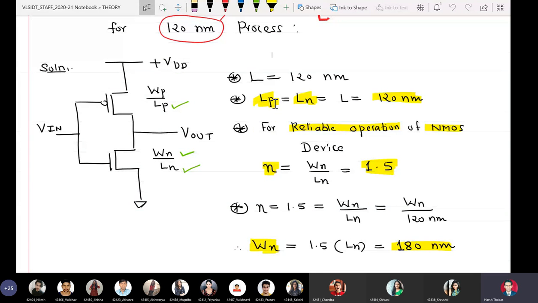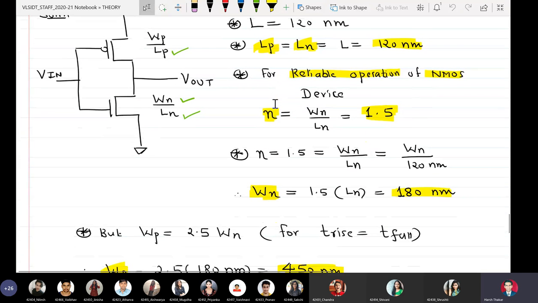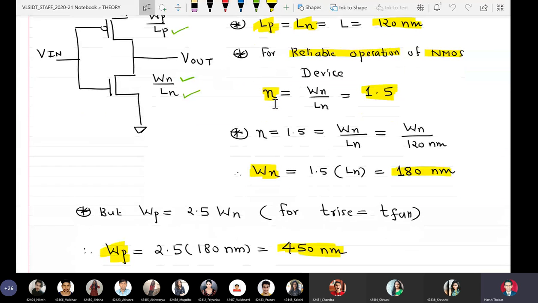And we said for reliable operation of NMOS, the size of NMOS should be 1.5, and because size of any NMOS is W upon L, so we get Wn by Ln equal to 1.5, Ln is 120, so Wn comes out to be 180 nanometers. So the third unknown is also found, and we told that for rise time equal to fall time, Wp is equal to 2.5 times Wn.